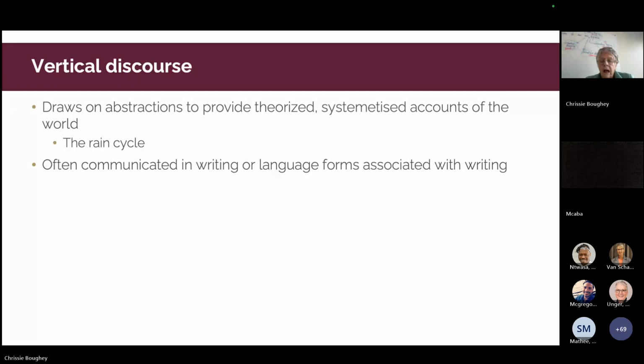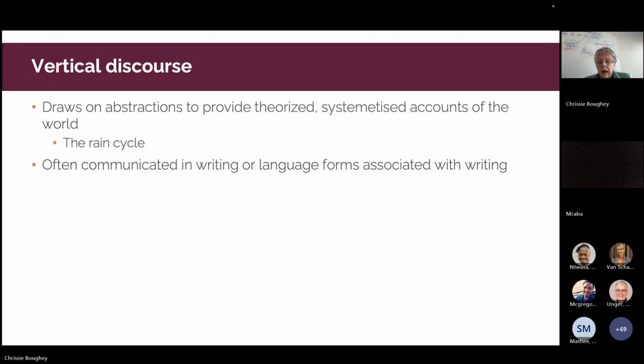It's sometimes called powerful knowledge because it will do this. It'll explain rainfall in the Amazon basin, in the steppes of Russia, as well as on the eastern and western coasts of South Africa. So it's there, this theorized, systematized account of the world. It's usually communicated in writing or using language forms associated with writing, if we do speak.